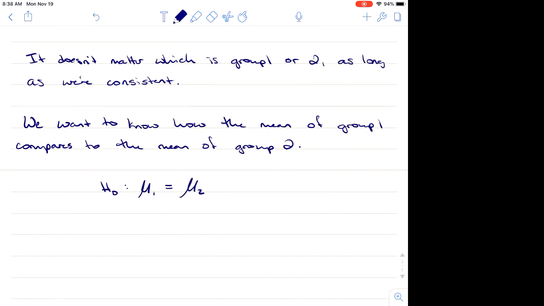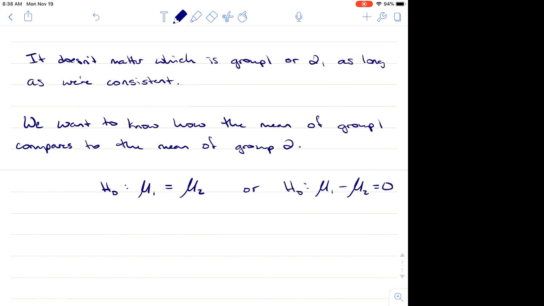We have to assume that they're the same until we have proof otherwise. Or if you want to, you could say that the null hypothesis is that mu1 minus mu2 equals 0.